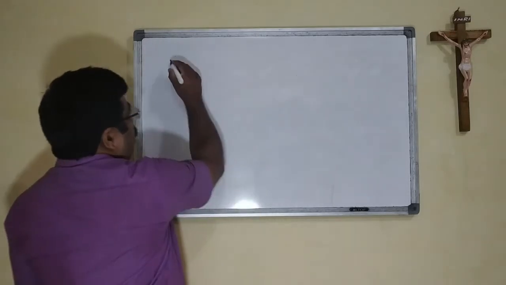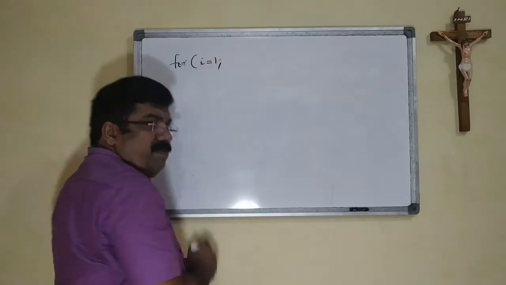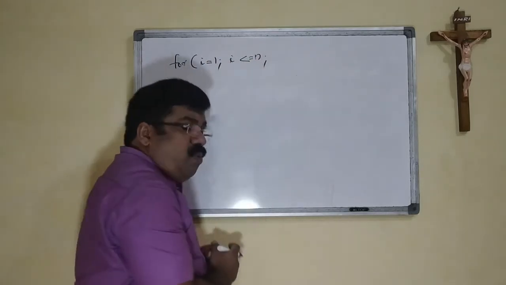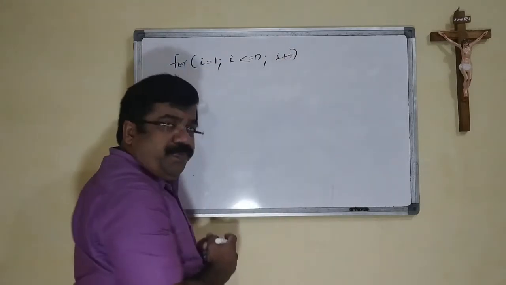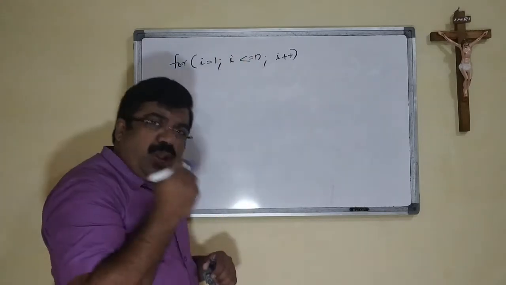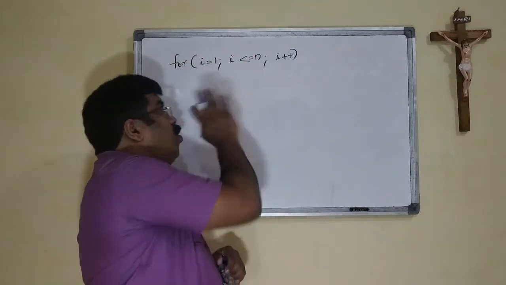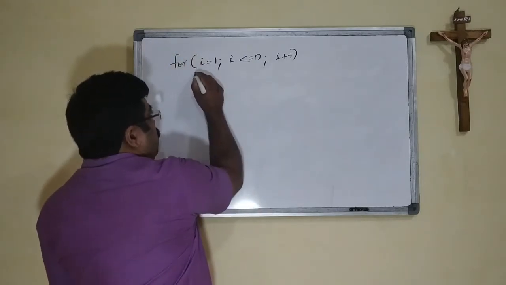See here, we are writing for i equal to 1, i less than or equal to n, i plus plus. That is, n is a particular constant. The loop is running from 1 to n, that means n number of times.